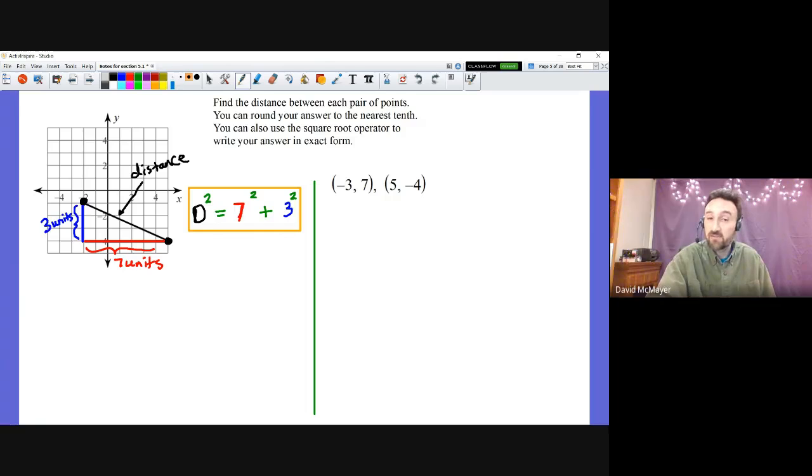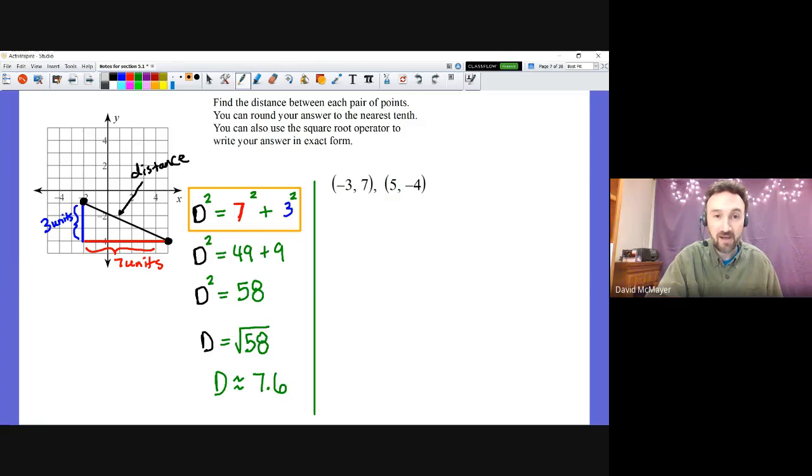I can just calculate 7 squared and 3 squared is 49 and 9, add them together and get 58. And after I do that, I can apply a square root operator on both sides of that equation to get d by itself. Now, of course, I could leave my answer as the square root of 58, or I could type that into a calculator and get an approximate value of 7.6.